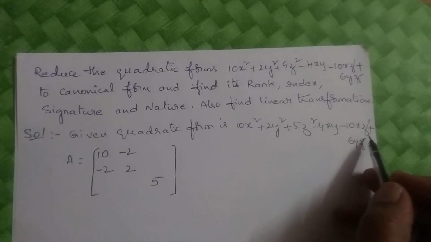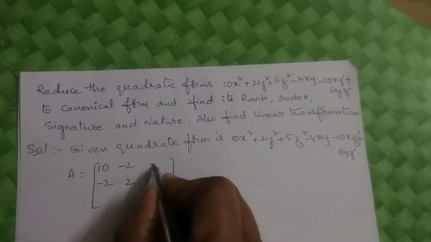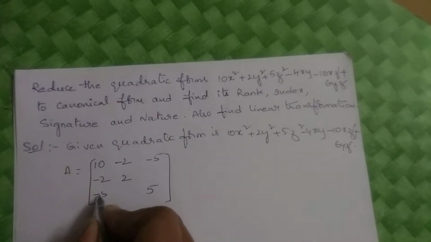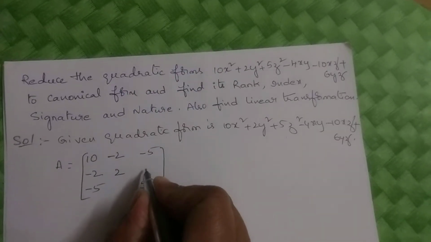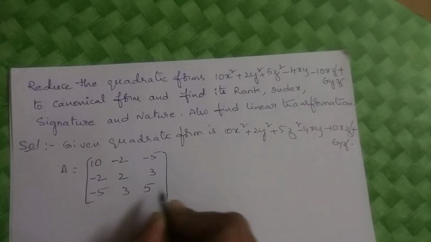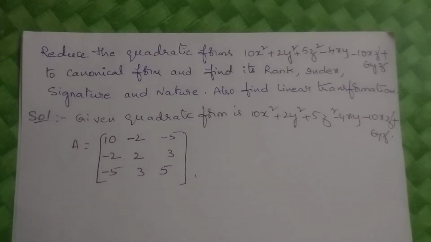And minus 10xz: we share it between xz and zx, so minus 5, minus 5. Plus 6yz: this is shared between yz and zy, so 3 and 3. So this is the resultant matrix.